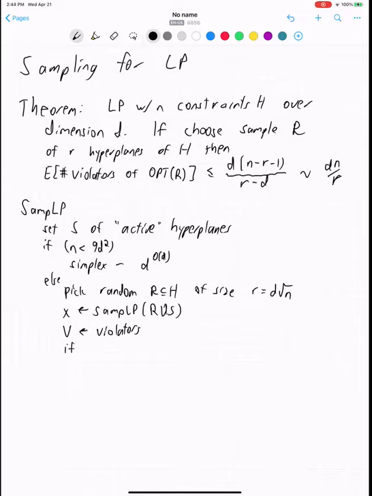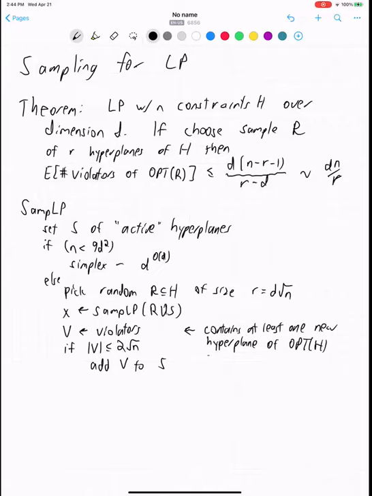And then if the size of V was less than 2 root n, then we would add V to S. And the key to our argument was that V contains at least one new hyperplane of opt of H that is not already in our set S.